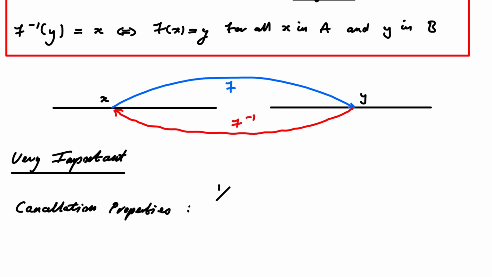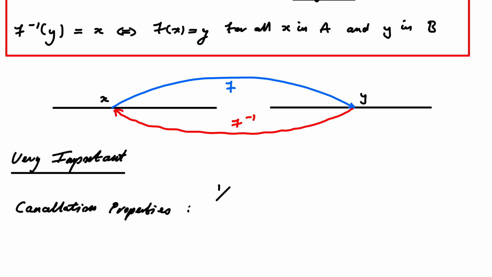So let's take a moment to look at this. If I start with x and I do the function f, I go across here, and then I do the function f inverse, I get back to x. But what does it mean to do a function and then another function? It means to compose.